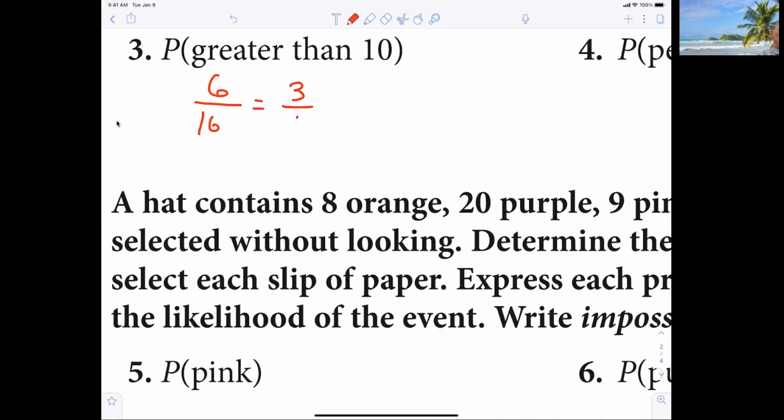Oh, 8. All right. Now, if you want, you can use a calculator. What's 3 divided by 8? Shh, I'm waiting for Jolie. 0.375. Which is what percentage? 37.5. Okay.